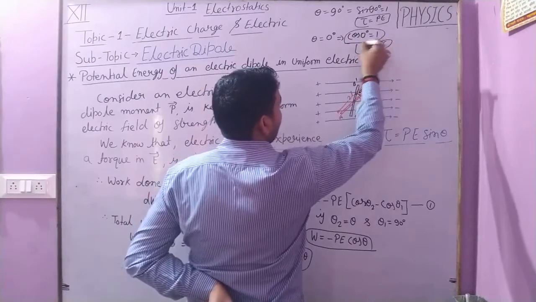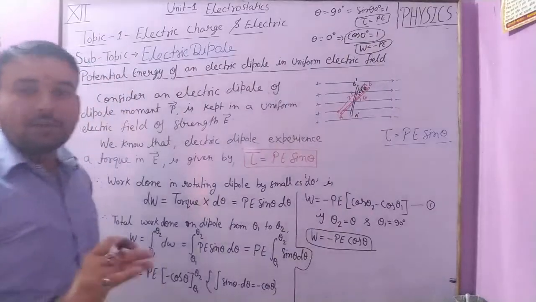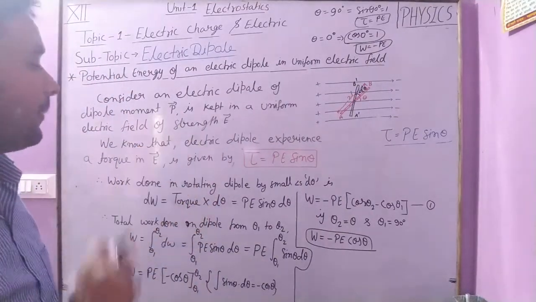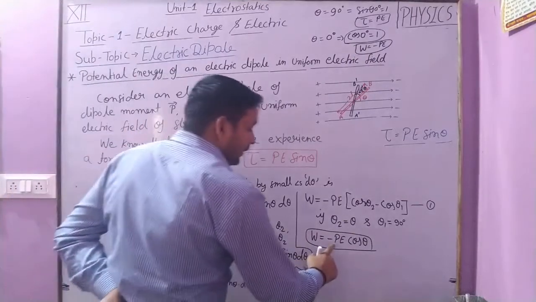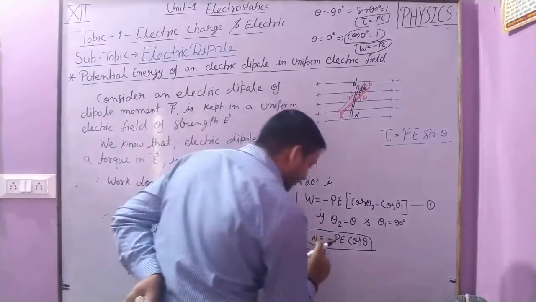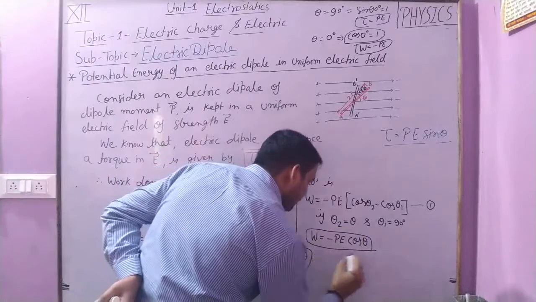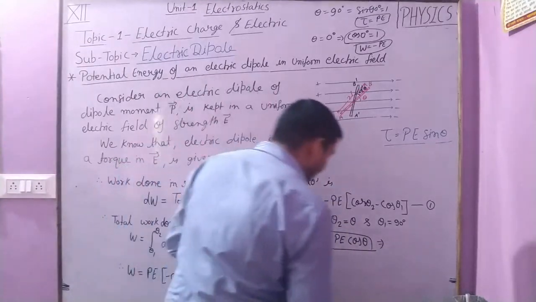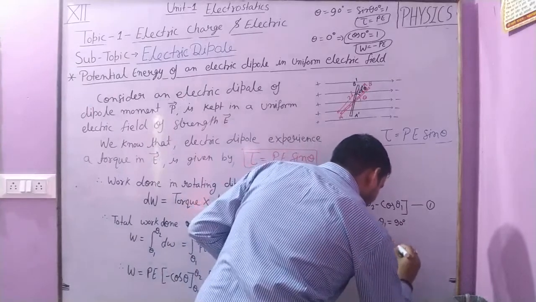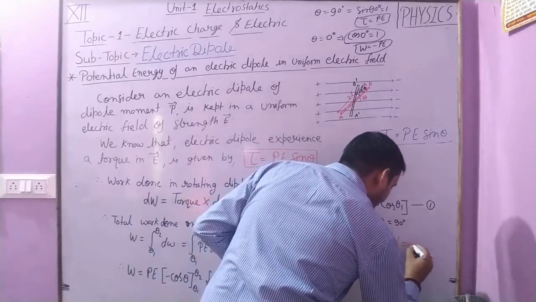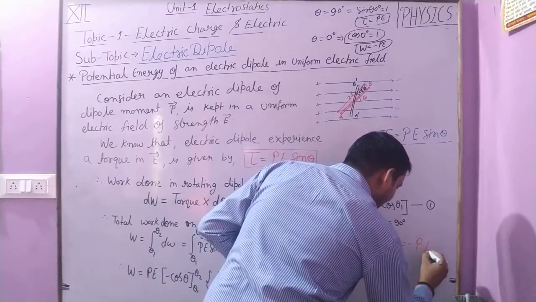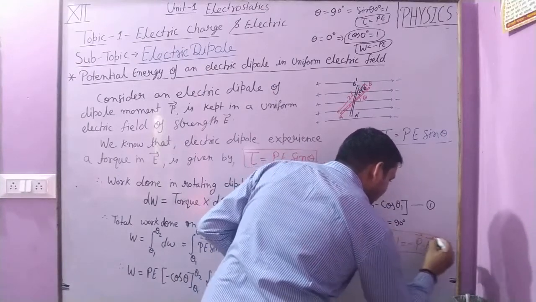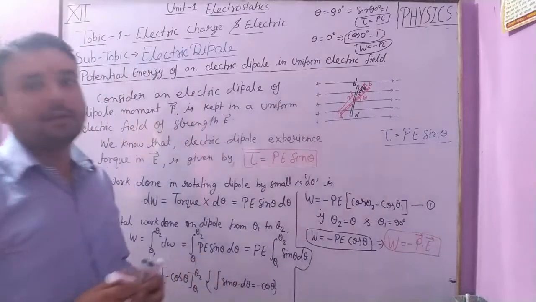So work done in rotating an electric dipole in a uniform electric field is given by the dot product of vector P and vector E, because work done is a scalar quantity.